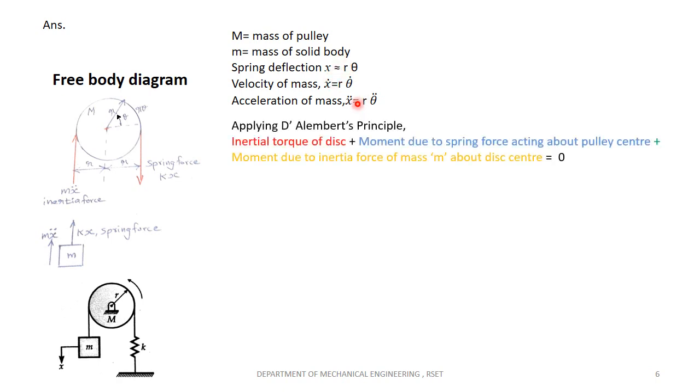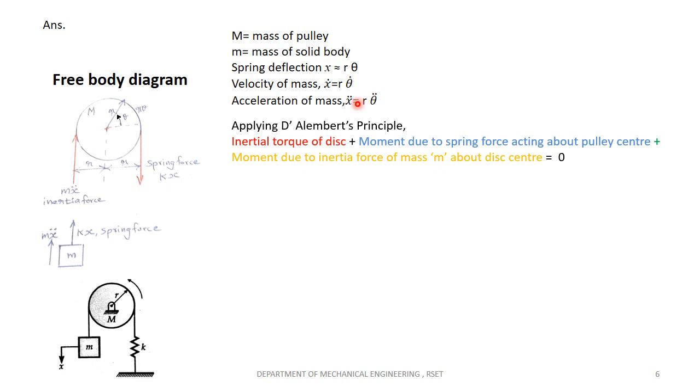By applying D'Alembert's principle, as we have discussed in the previous problem also, the inertial torque of the system plus the moment due to the system of forces about a point of reference will be equal to 0. Here the point of reference is the center of the pulley.